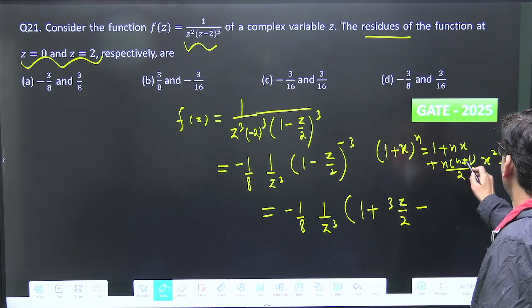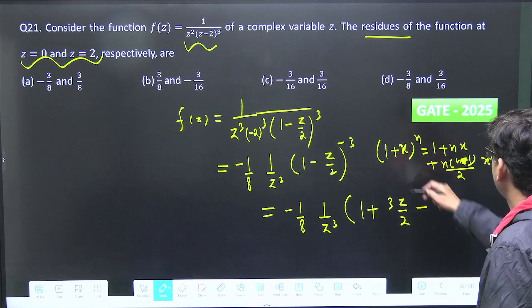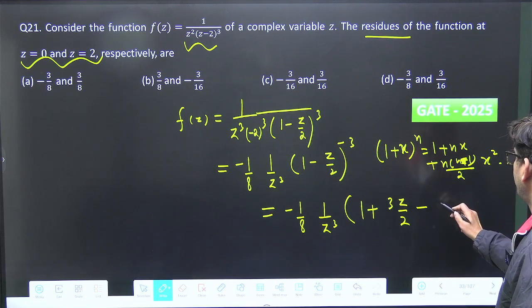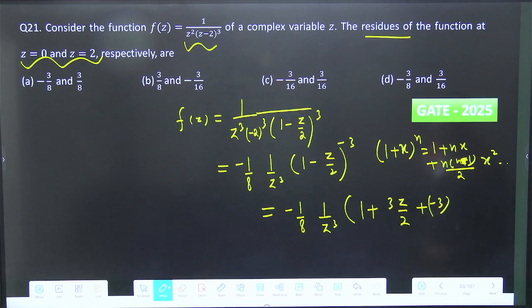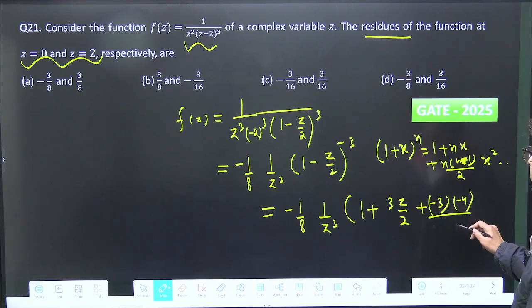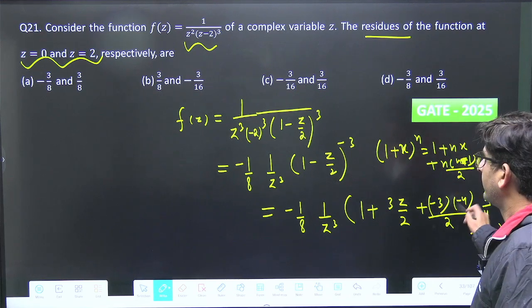So the next term will become n, which is minus 3, and n minus 1, which is minus 4, and by 2, and x square will become z square by 4, and so on, correct? So I want this coefficient.